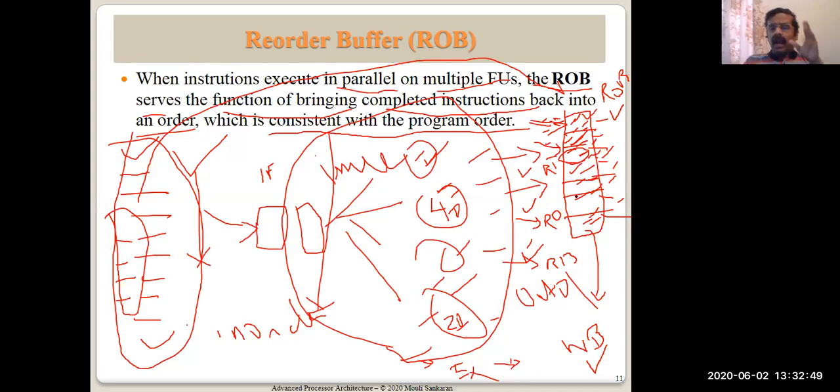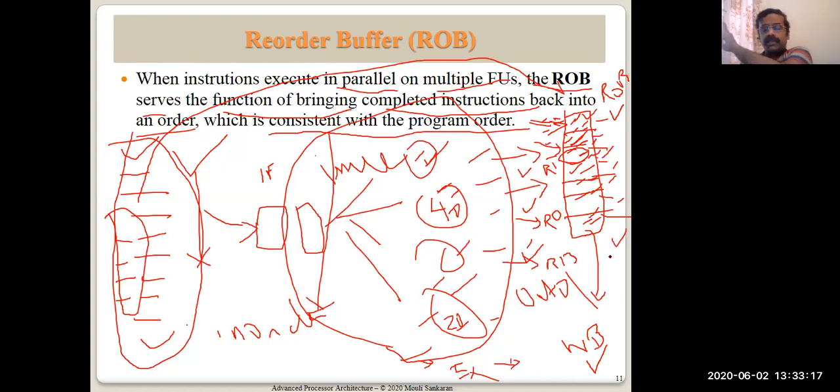I don't do it. As far as the execute unit is concerned, once it has written the result into the ROB, it doesn't have to worry whether that value is really written into the register or not. If it is not written into the destination register and some other instruction down the pipeline wants that value, it will take it from the ROB.